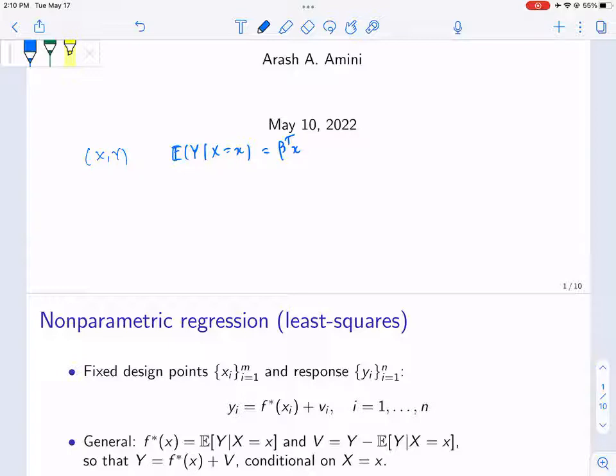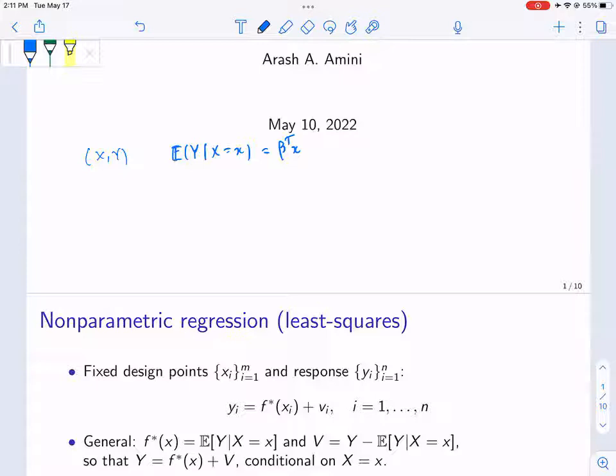Generally, you don't want to impose any constraints on this. And in fact, if you have taken 231C with me this quarter, you can estimate this with very mild assumptions on it. As long as this exists, you can estimate it consistently. It's called universal consistency. But there's not much else beyond that you can say. You can't say, for example, how fast I would converge as my sample size grows.